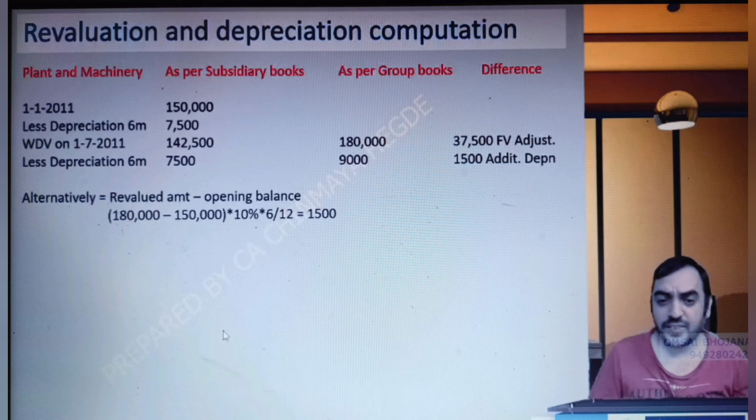Now, come to this problem. Problem number 44. A Limited acquires 1,600 ordinary shares of 100 each of B Limited on 1st July 2011.